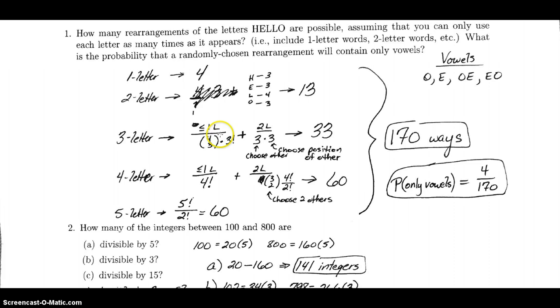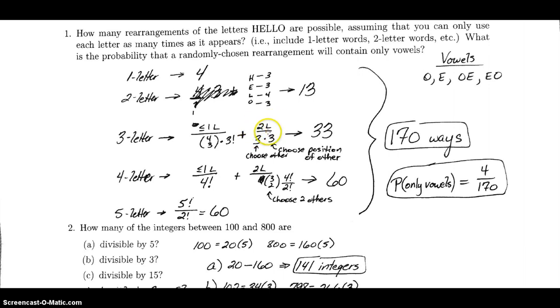And this gives us 3 letters. So it could be E, L, and O, H, E, and O, O, L, and E. It just gives us 3 letters, but it doesn't tell us which order to put it in. That's why we need this 3 factorial. So that's the position of the first letter, then the second, then the third. So that's what happens if we don't have any double letters.